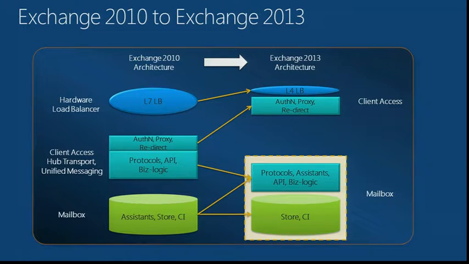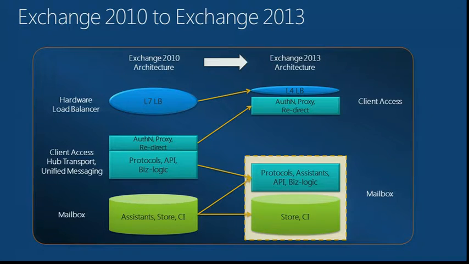Understanding these architectural differences, in particular with respect to load balancing, you can start to understand how you would design this. In 2010, your design methodology was very different from how you're going to do it in 2013. We have many requirements in 2010 that simply no longer exist. For instance, we now give you the option, innately within the product, without having to go for expensive third-party networking equipment, to have a single worldwide namespace: one URL for all your users.